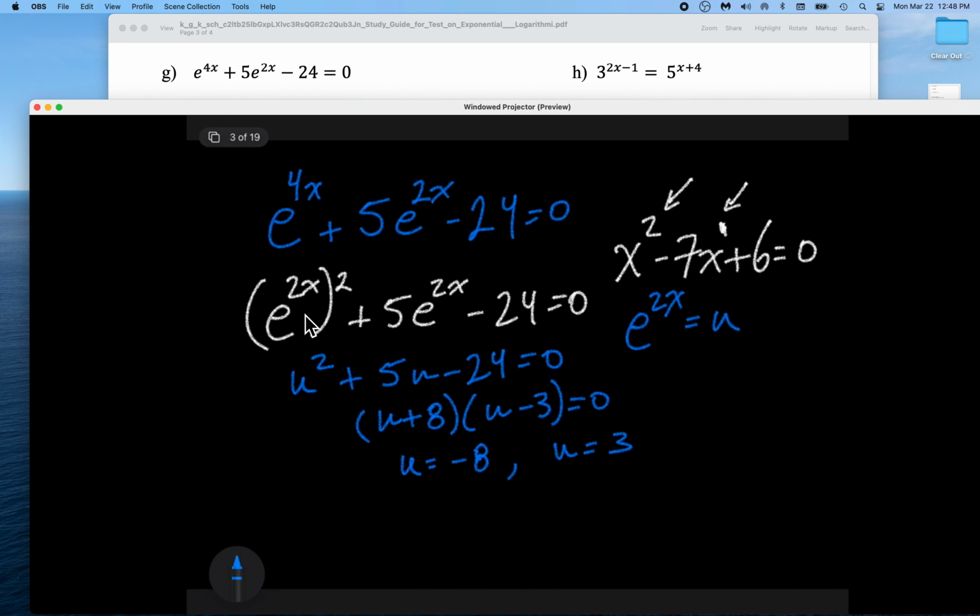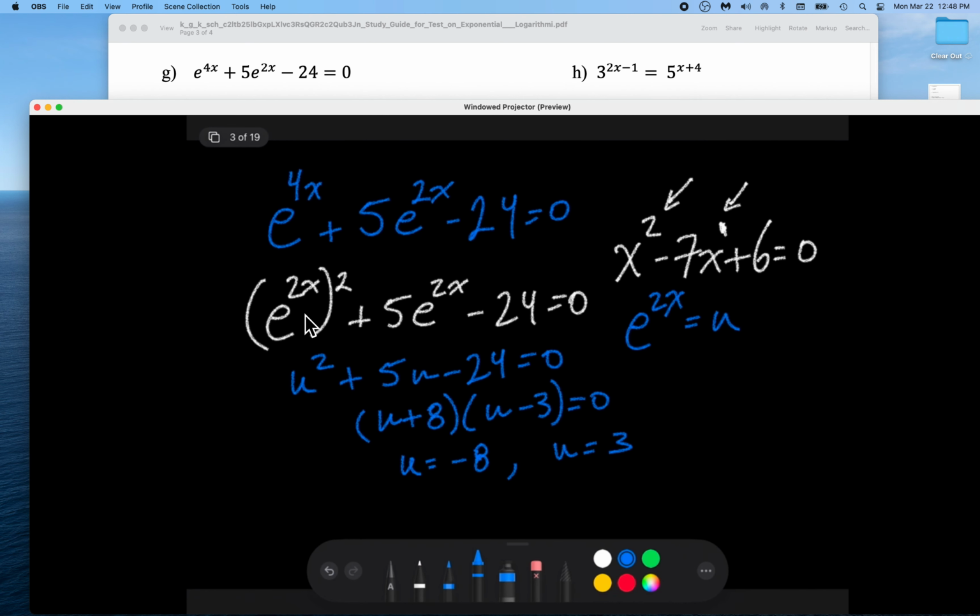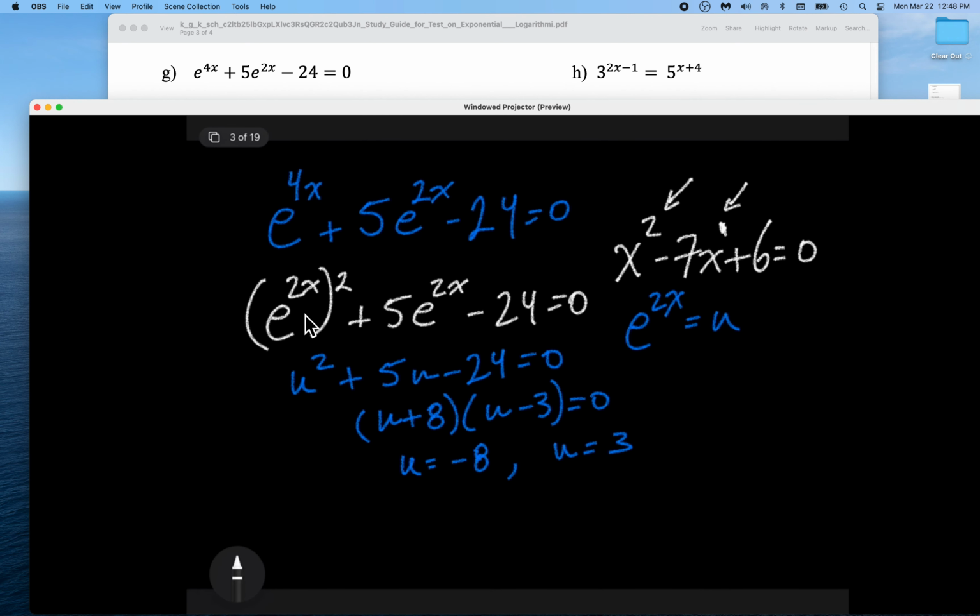Now I bring the e to the 2x back into the loop, and I have e to the 2x equals negative 8, or e to the 2x equals 3. So all I did was put this e to the 2x back in here for u.